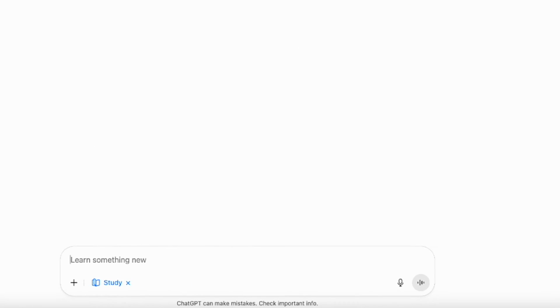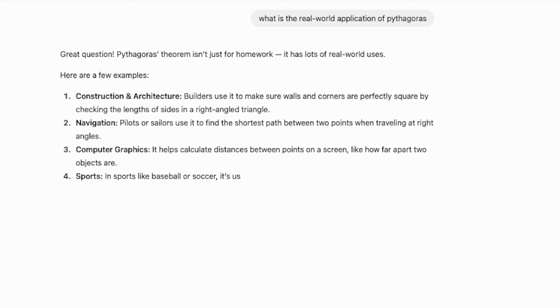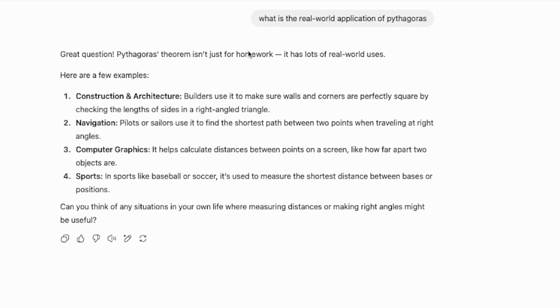But let me see, what is the real world application of Pythagorean theory? Right? Let's see what it says. Okay, great question. Pythagorean theory isn't just for homework.